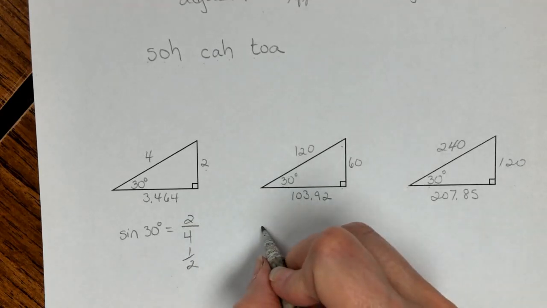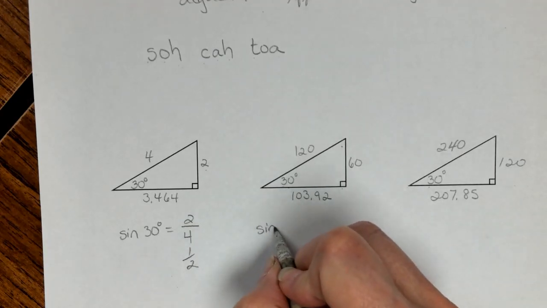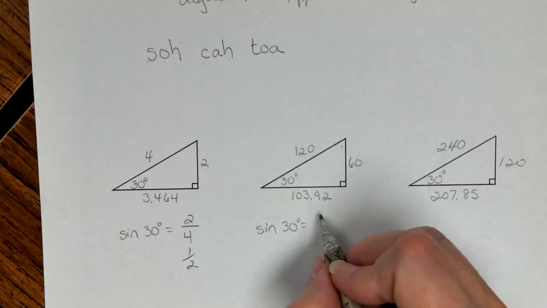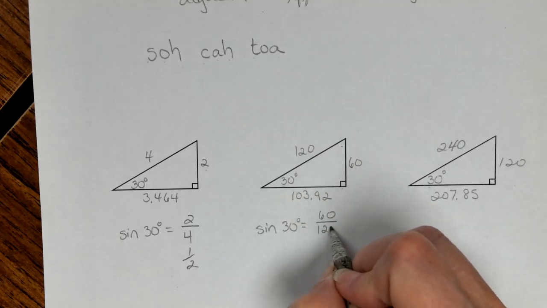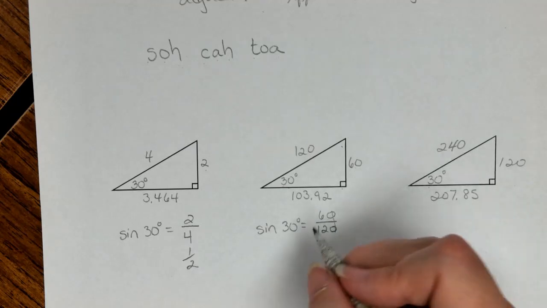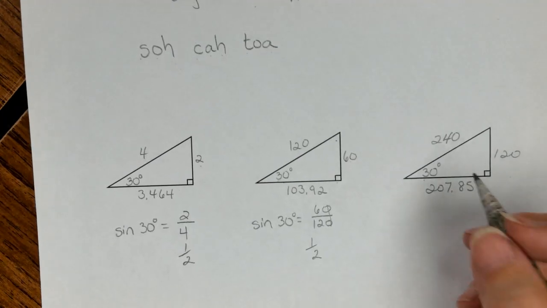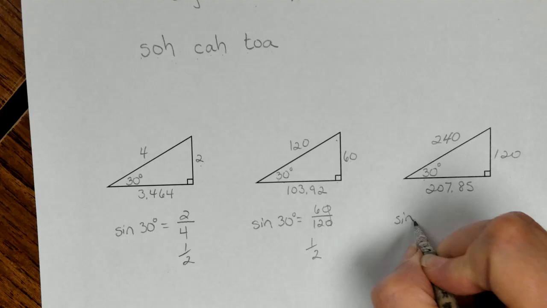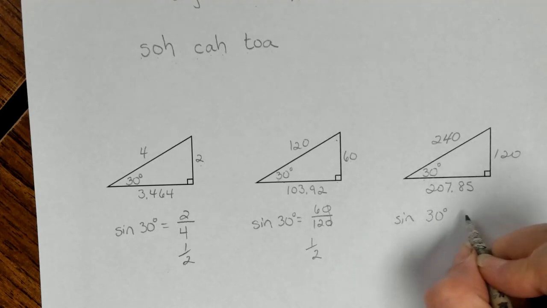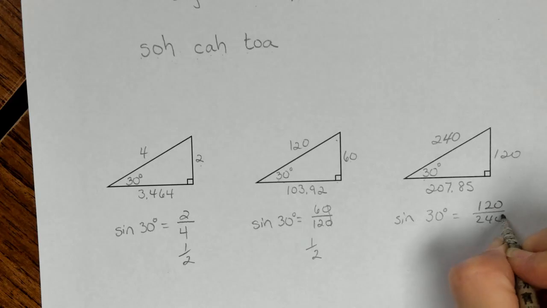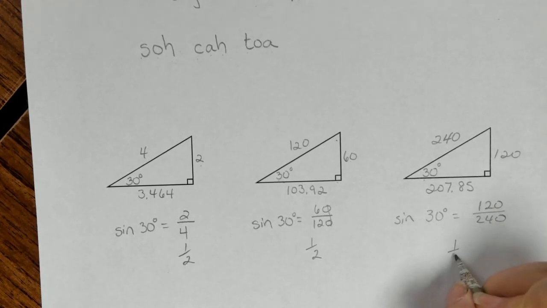Okay, looking at this triangle, the sine of the 30-degree angle, opposite over hypotenuse. This also reduces to 1/2, which is no surprise because they are similar triangles, and so the corresponding sides are proportional. And then just one more. Opposite is 120, hypotenuse is 240, and that again reduces to 1/2.